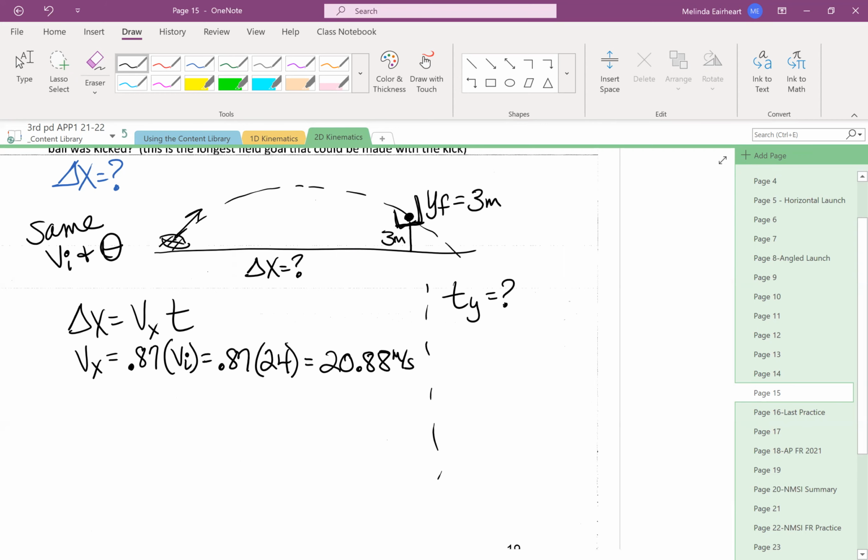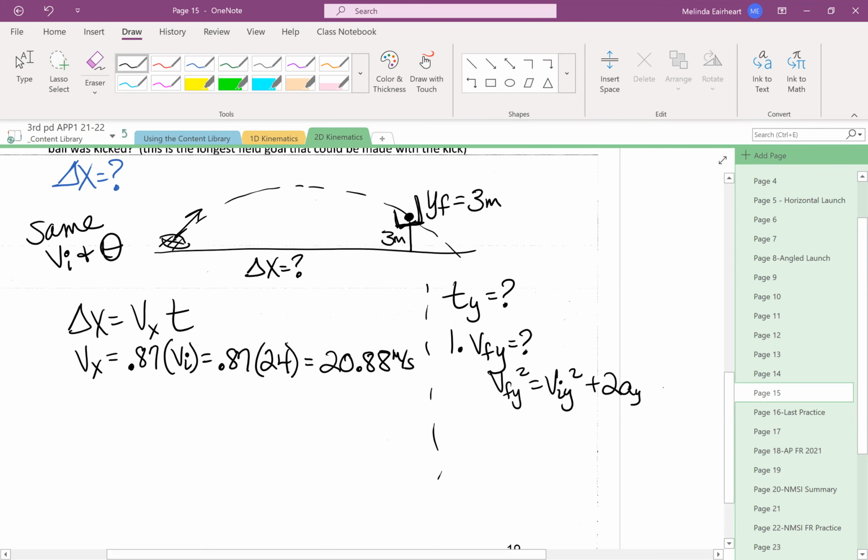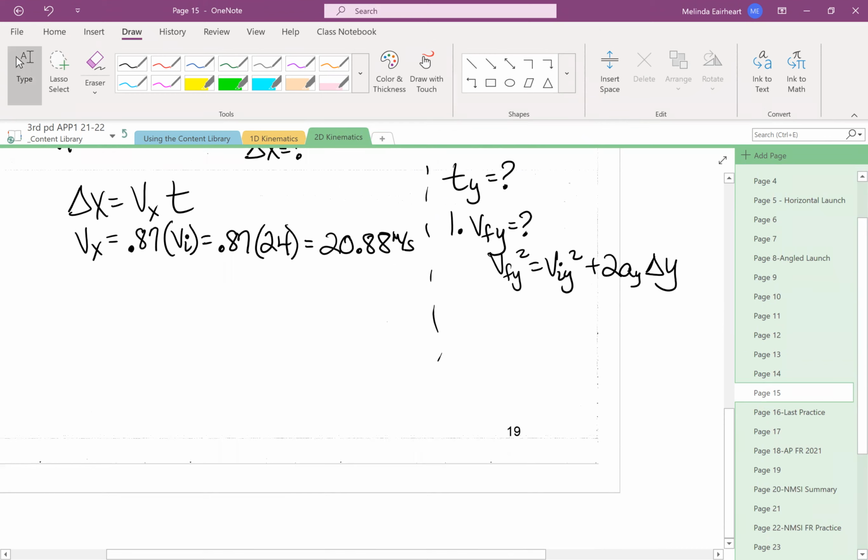So you could do quadratic, or the quick workaround is to solve for VFY first. And it's not going to be equal to the initial vertical component because it's not symmetrical now. And so VFY squared equals VIY squared plus 2 times AY times delta Y.